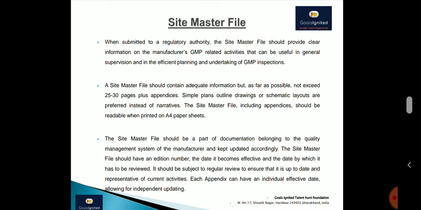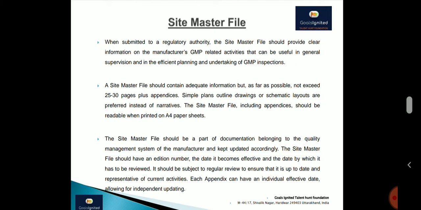The ideal site master file should not be more than 30 pages, plus appendices as extra. So simple plans, outline drawings or schematic layouts should be accommodated in 30 pages plus appendices. The site master file should be part of the documentation belonging to the quality management system of the manufacturer and kept updated accordingly.